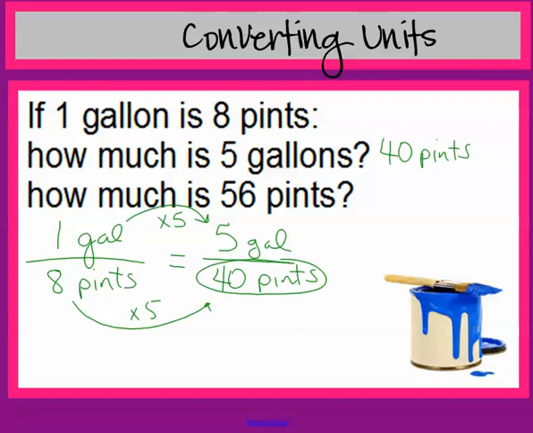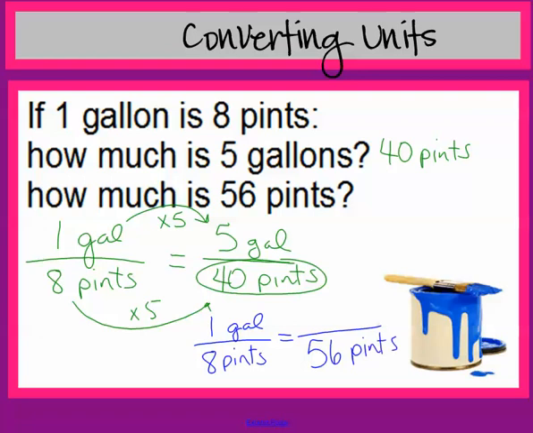The second question asks us how much is 56 pints. They're asking us how many gallons would be included in 56 pints. So we'll use that same conversion, 1 gallon to 8 pints. And because we have the pints value, we're going to put that on the denominator of the second ratio.